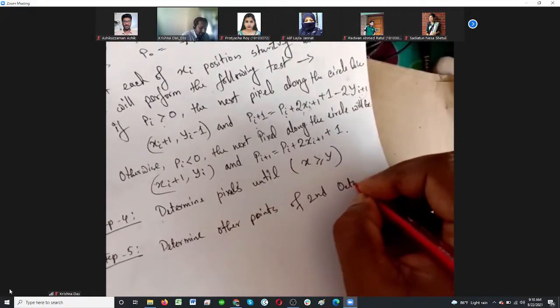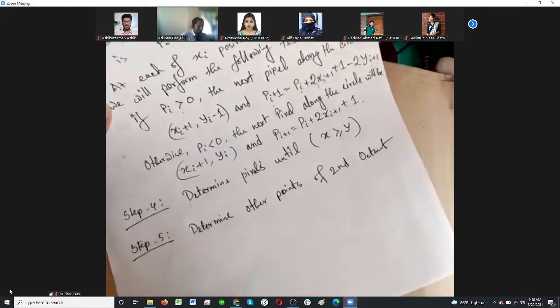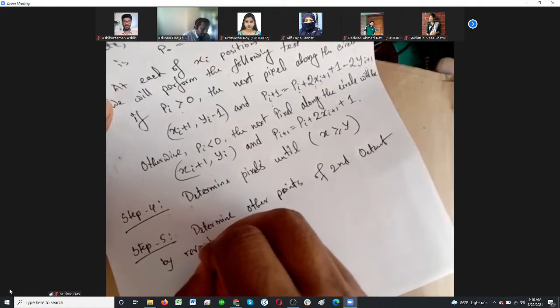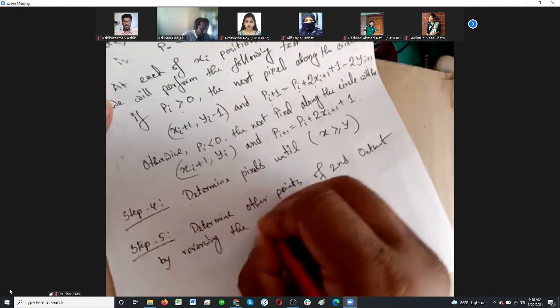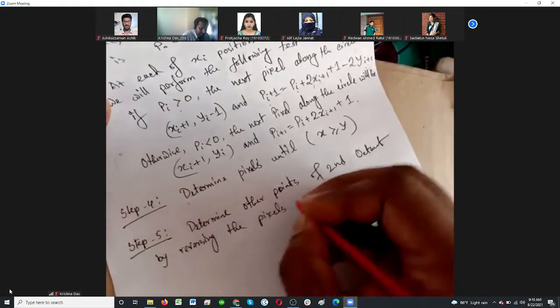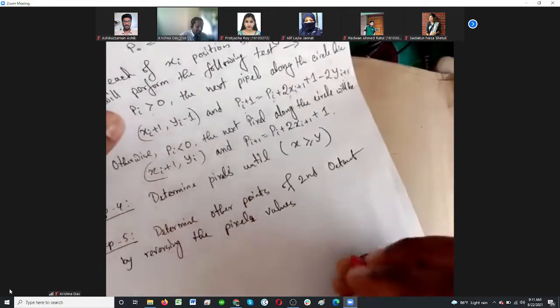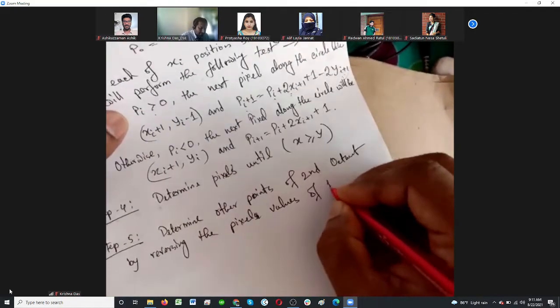How can we get it? By reversing the pixel values of the first octant.